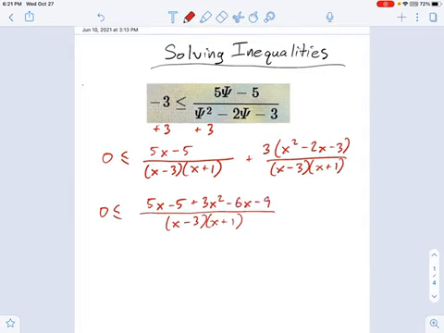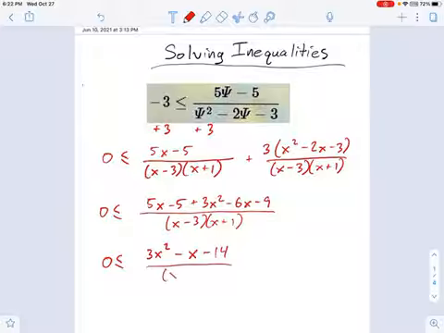I'm distributing that multiplication from the right-hand fraction. And now we just combine some terms until this is a little simpler to deal with. There's no combining the 3x squared. That just is what it is. But minus 6x plus 5x, that's going to be minus x. Minus 9 minus 5 is minus 14. See, this is getting better.